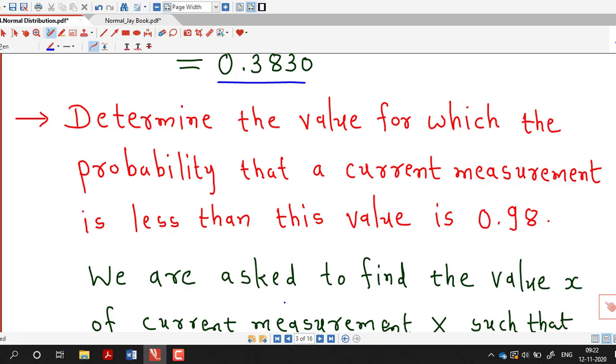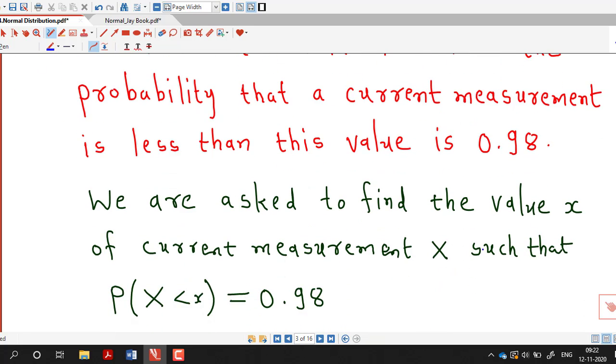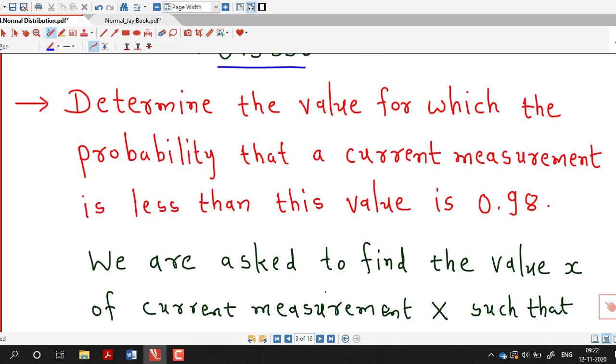Also we determine the value for which the probability that a current measurement is less than this value is 0.98. So here we are asked to find the value of current measurement x such that probability that capital X is less than x is 0.98.